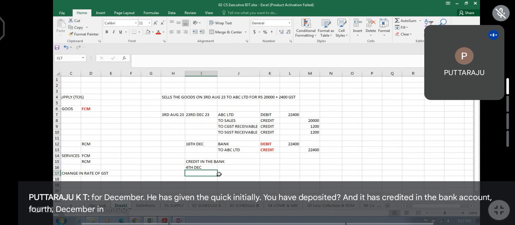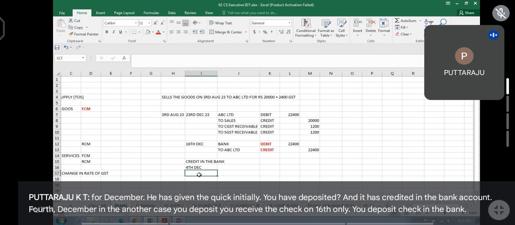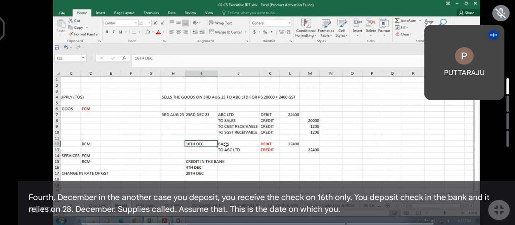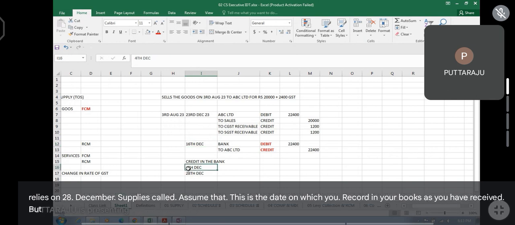In the other case, you received the check on 16th only. You deposit the check in the bank and it realized on 28th December. Supply is 23rd. Assume that this is the date on which you record in your books as you have received. But credit in the bank in the first situation.